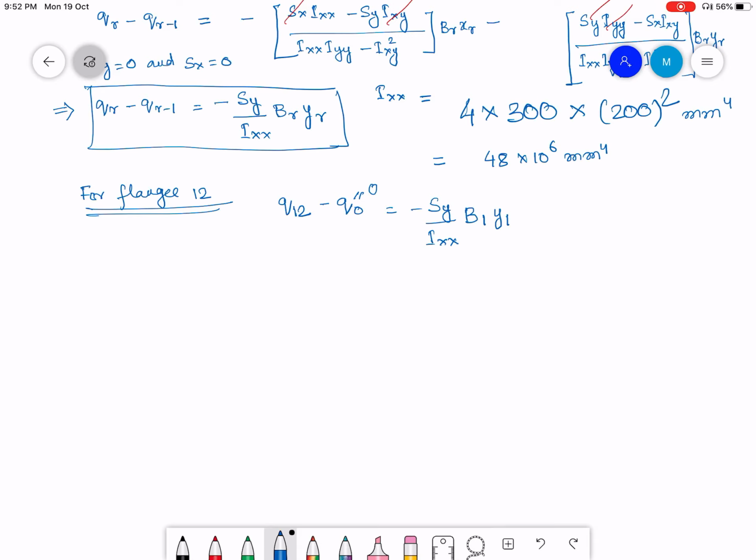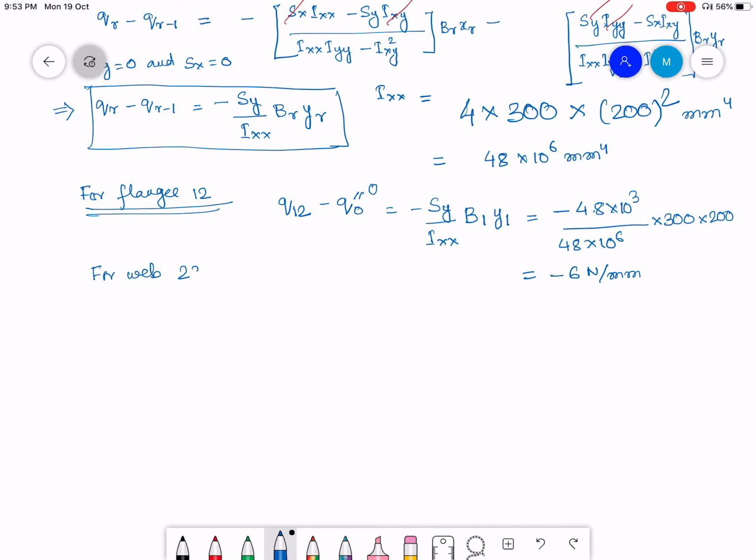That is minus 4.8 into 10 to the power 3 Newton by 48 into 10 to the power 6. B1 is 300 and Y1 is plus 200. So this turns out to be minus 6 Newton per millimeter.